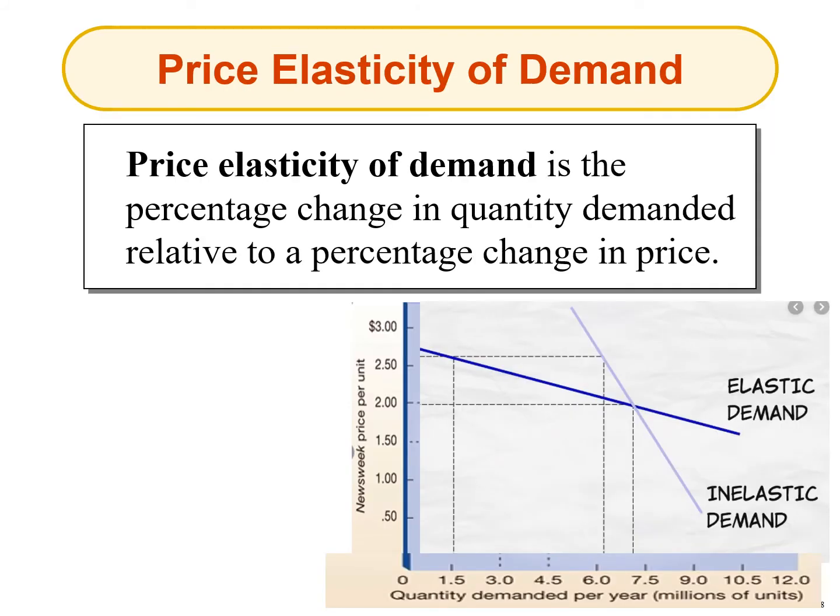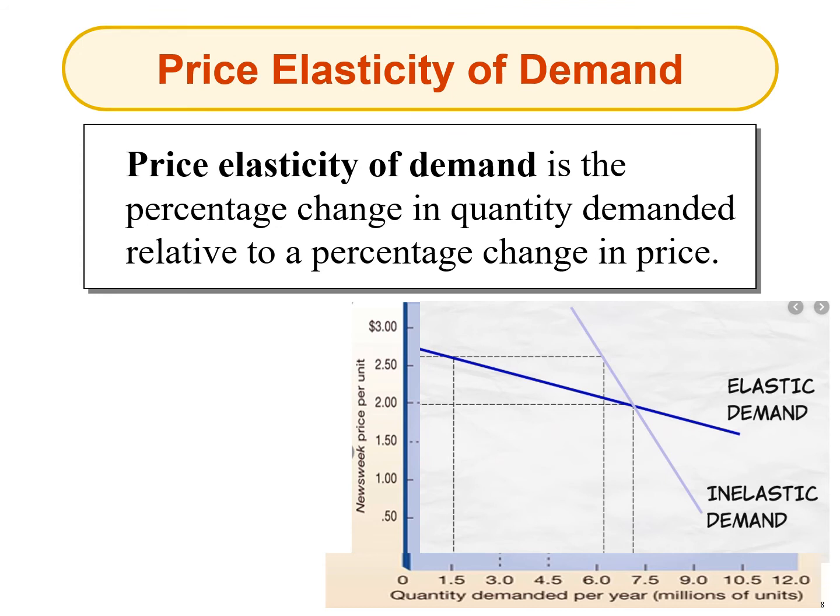So price elasticity of demand is the percentage change in the quantity demanded relative to a percentage change in price. When we talked about the demand curve before, if you only look at the dark line on the graph, not the light line, just the dark one which says elastic demand. So if we look at this demand curve, you started off with $2.75, right?